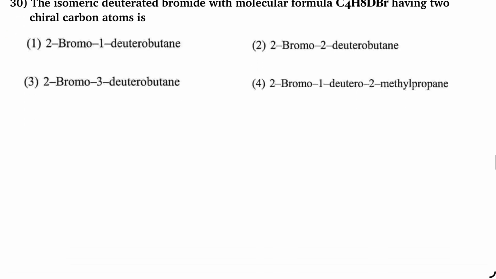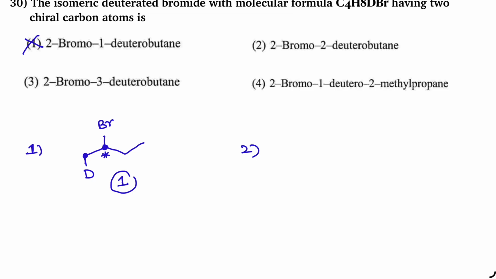So first let us write the structures, whatever the options given. So the first one, that is 2-bromo-1-deuterobutane, and here this is not a chiral center because 2 hydrogens, and here this is a chiral center, only 1 chiral center, but he is asking 2 chiral carbon atoms, so 1 is wrong.